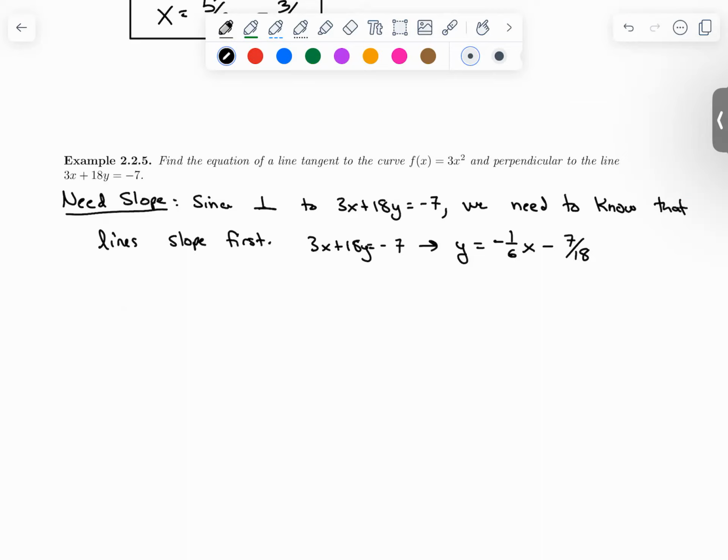So m perp, or m upside down t, whatever you want to write, is equal to -1/6, which implies that m sub tan, since our tangent line is perpendicular, would be the negative reciprocal. If you know that little trick, you just flip the fraction, change the sign, or you can do it via the math. That would be -1 over -1/6, which is +6.